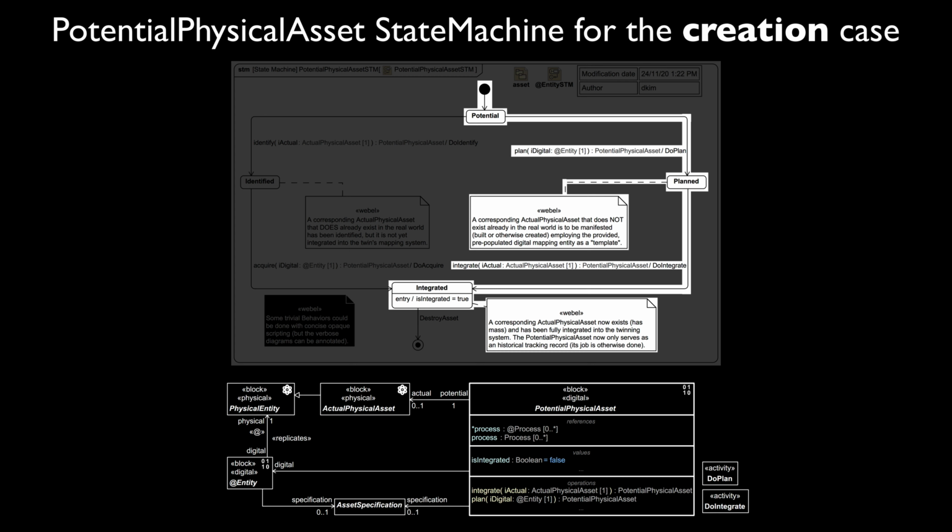Once the actual physical asset is manifested, created, or built, it will then be passed using the integrate operation to the potential physical asset, which then moves into the state integrated, and then its job is done. It then only serves as an historical tracking record of how the actual physical asset was created.